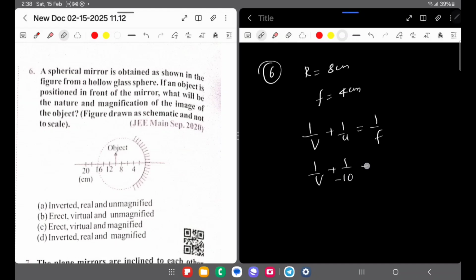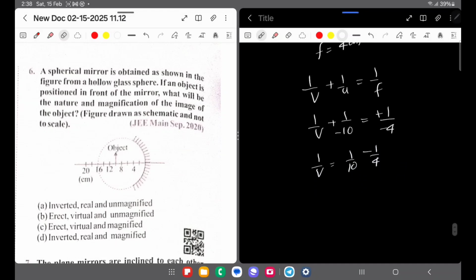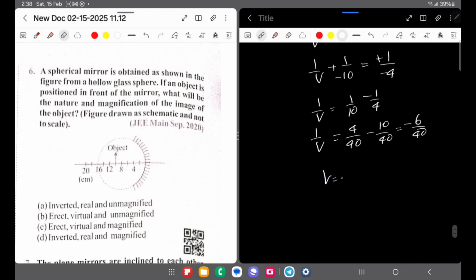The object distance is minus 10, whereas the focal length is minus 4. So 1 by v equal to 1 by 10 minus 1 by 4. On simplifying, 4 by 40 minus 10 by 40 gives minus 6 by 40. So v equal to minus 40 by 6.